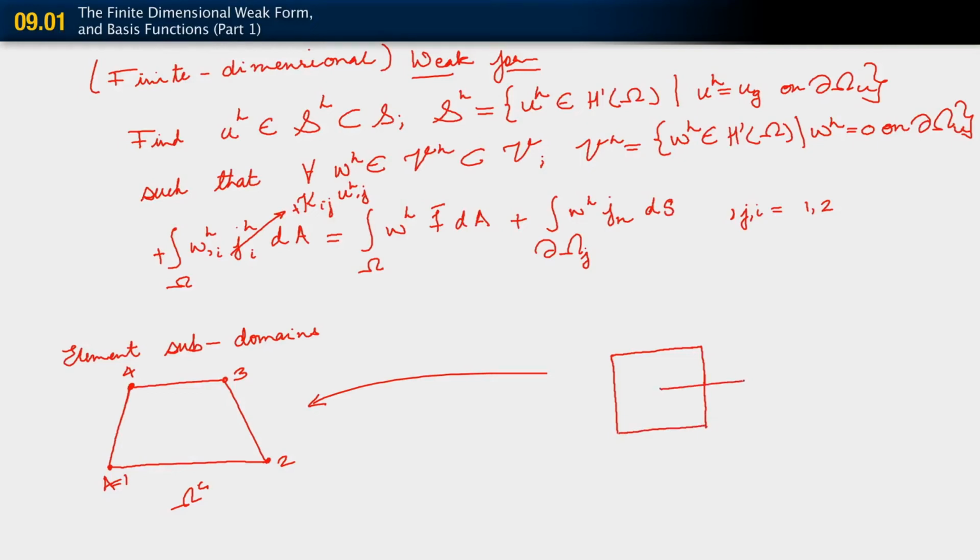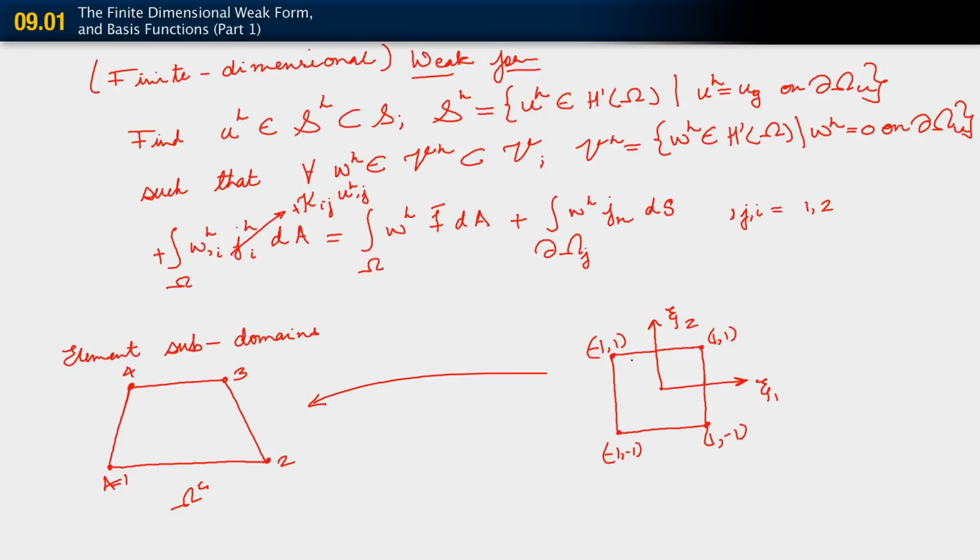We could have it constructed from a bi-unit domain, which is expressed in terms of coordinates C1, C2. And here our nodes are, we know exactly what these are: -1, -1; 1, -1; 1, 1; and -1, 1. Those are our nodes in the bi-unit domain.